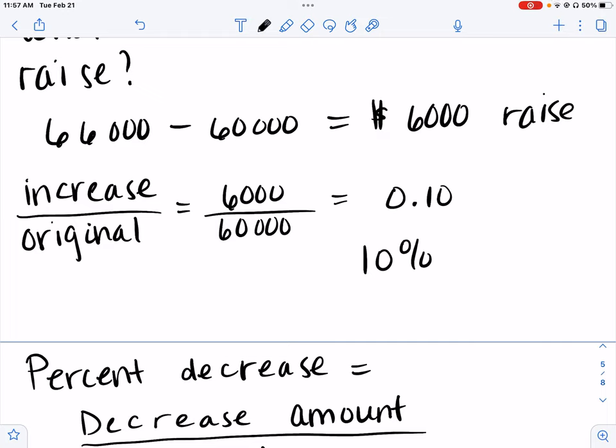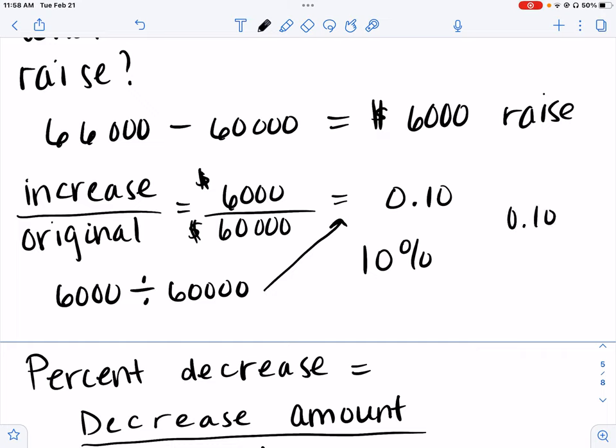Divide, you get 0.10. Okay. So we do 6,000 divided by 60,000 on our calculator to get the 0.10. Change it to a percent by moving it 2 places. 2 places equals 10% raise.